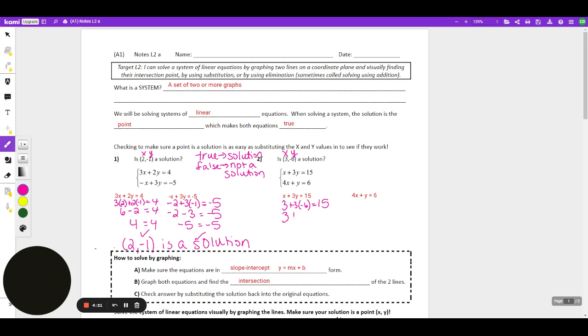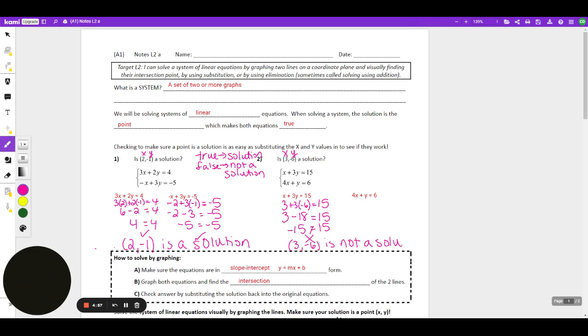Here I get 3 minus 18, and that is going to give me a negative 15 because the 18 is bigger. Its sign wins. A negative 15 is not the same as a positive 15. That is incorrect or false, so I can already say that (3, negative 6) is not a solution.